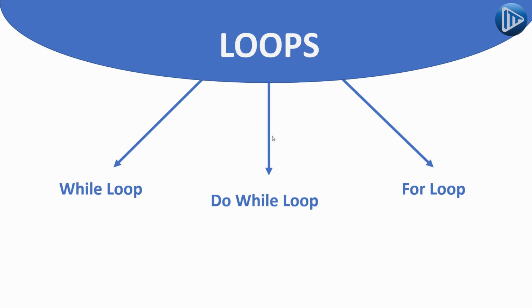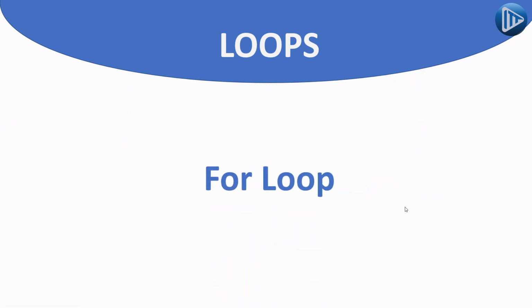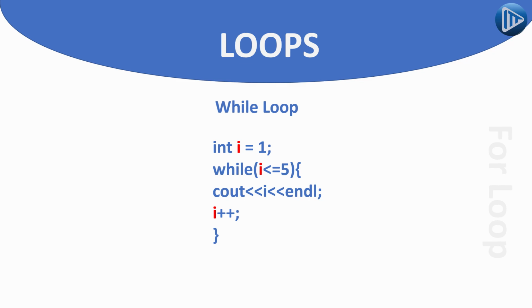In today's tutorial, we are going to talk about the third type of loop in C++, which we call the for loop. I would assume that you already know how a normal while loop works, where we discussed before that most of the time when we use a while loop, we provide our computer three pieces of information. The first one is the initial value, which is this one, int i equal to 1.